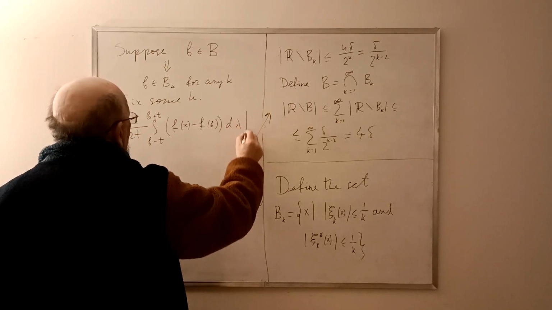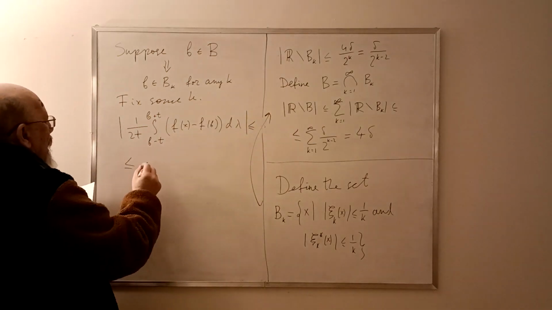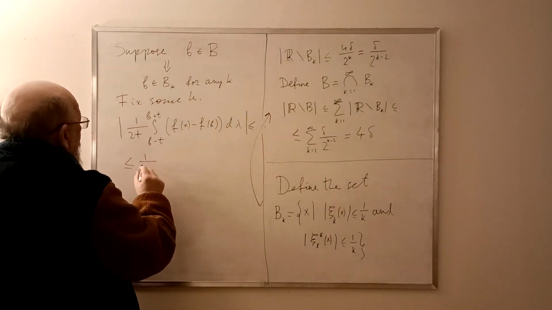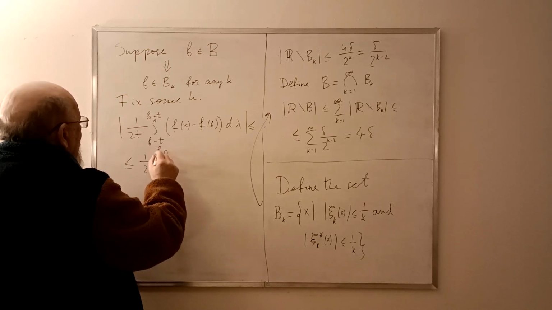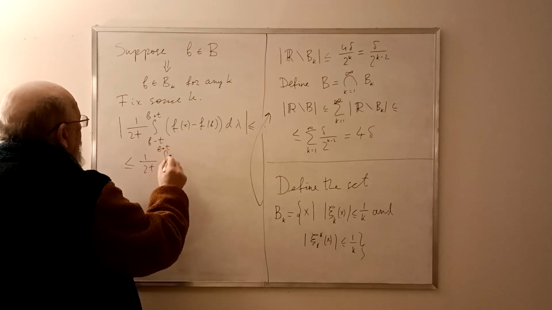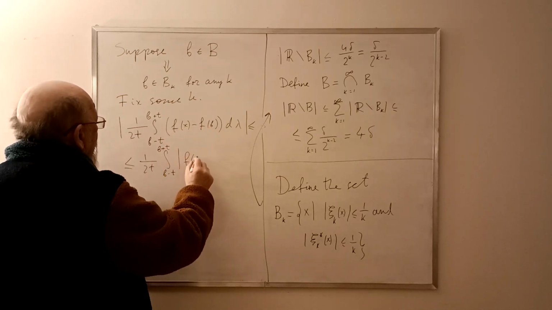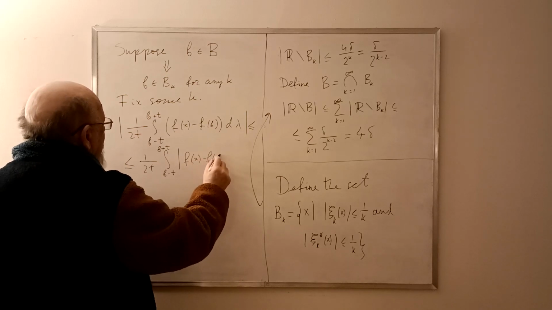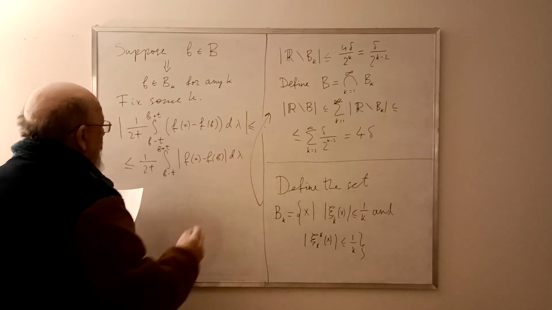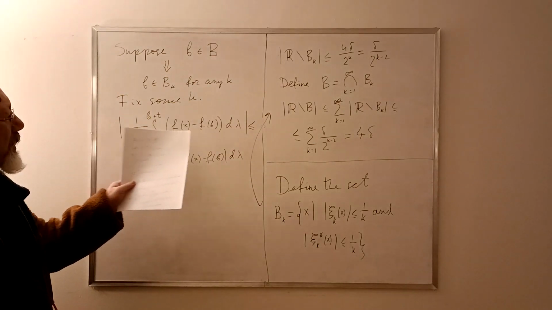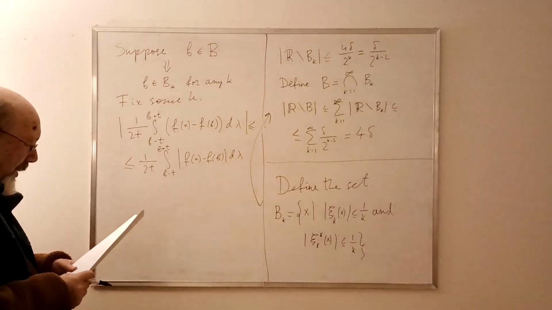It is less or equal 1 over 2t integral b minus t b plus t module of this fx minus fb d lambda. So module integral is less than integral of module. We know this inequality.